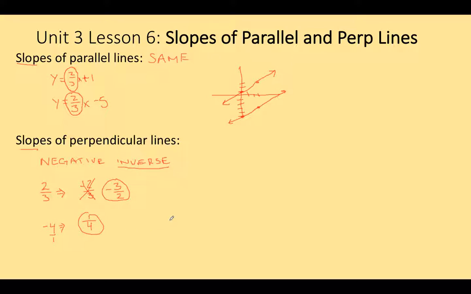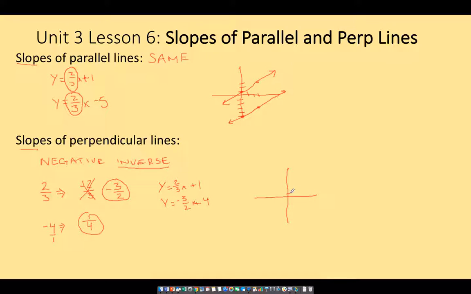Okay? And if we wanted to take a look at this, let's use the top one here. Let's say I had y equals 2/3 x plus 1, and y equals -3/2 x plus 4. Let's see how these shake out when I try graphing them.